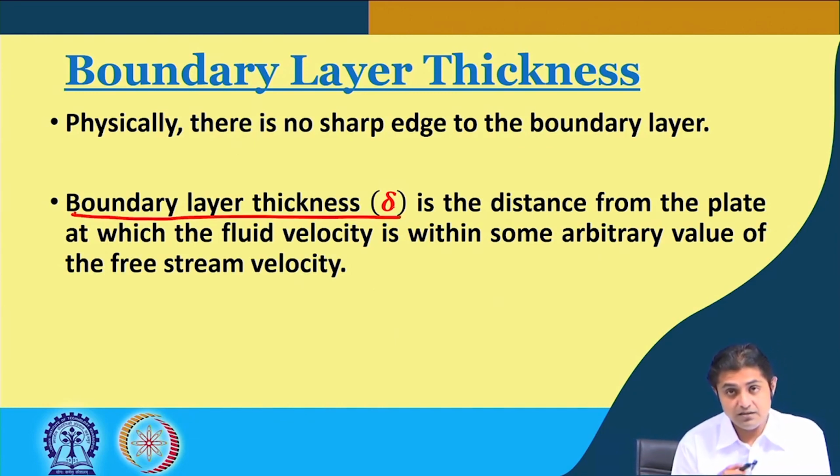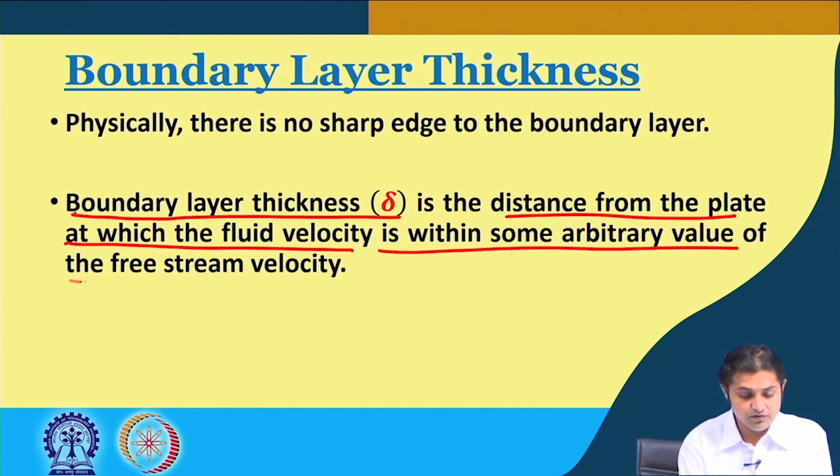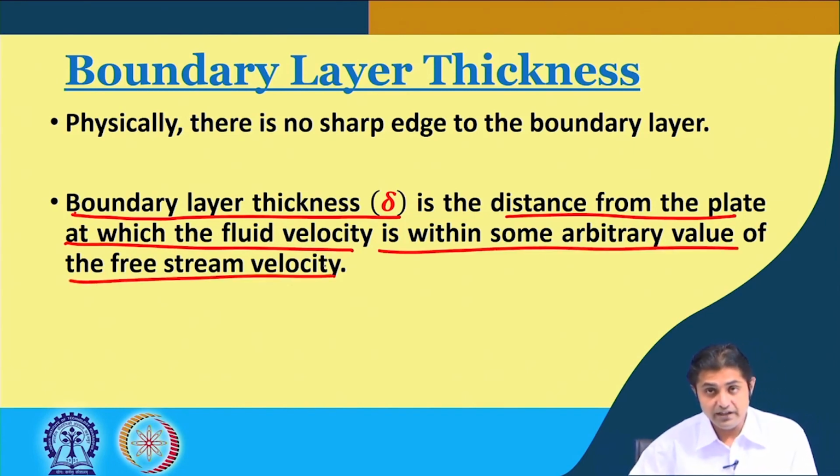We have seen a similar term in some slides before. And what is this boundary layer thickness? It is the distance from the flat plate over which we have considered the flow, at which the fluid velocity is within some arbitrary value of the free stream velocity. Ideally, at the top of this boundary layer, the velocity should be equal to the free stream velocity.